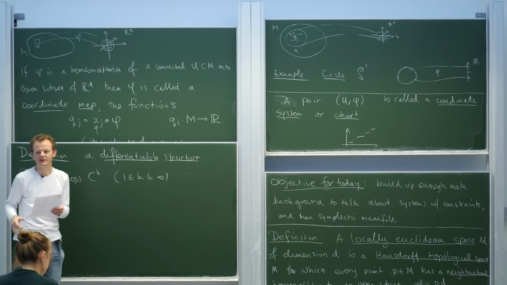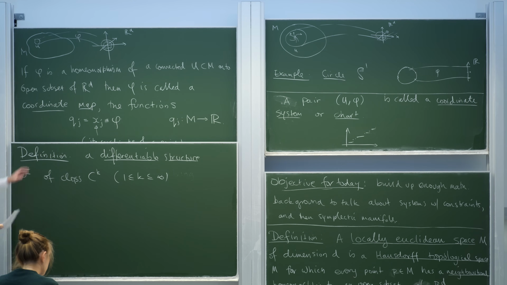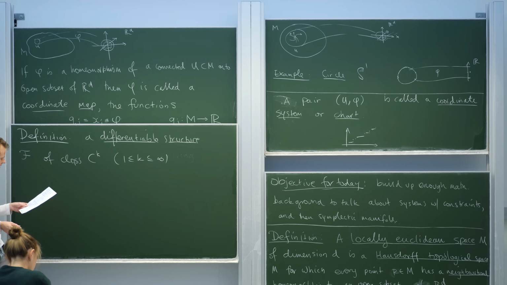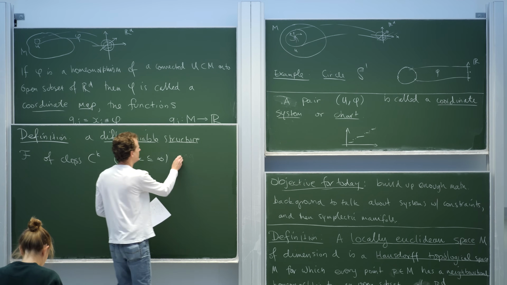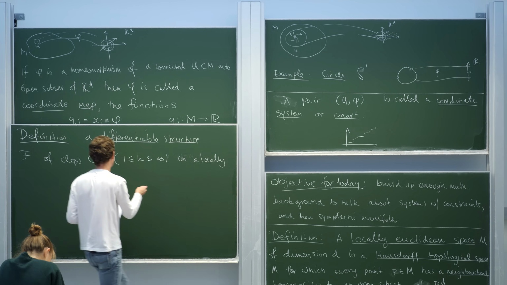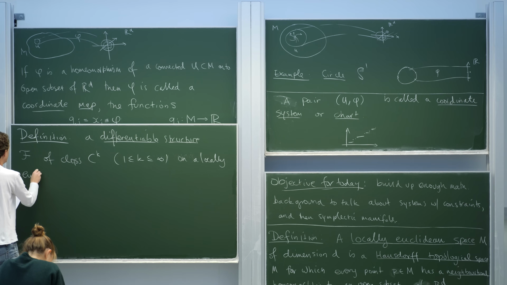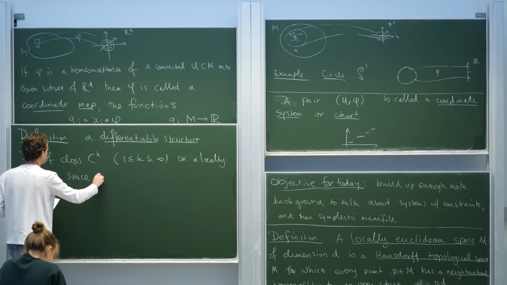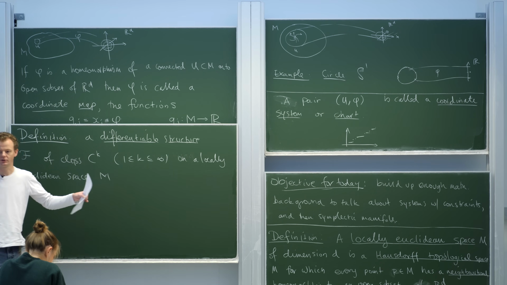And demand that everything starts to be differentiable so that we can take derivatives and not have them explode in our face. So a differentiable structure of class C to the k on a local Euclidean space is some extra structure that we're going to put on top.